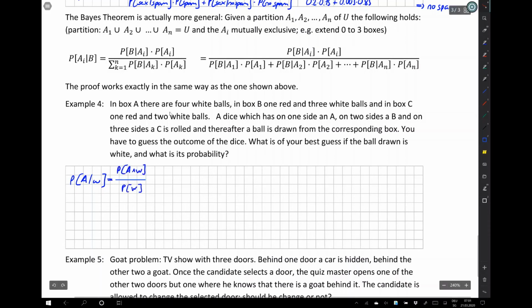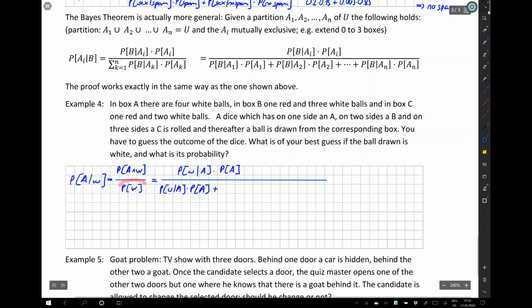The probability that the result of the rolling the dice was an A, given that the final ball drawn was white, is just probability of A and white divided by probability of white. This is the definition of the conditional probability again. The probability of A and white is just probability of white given A times the probability of A, as we have seen before several times.